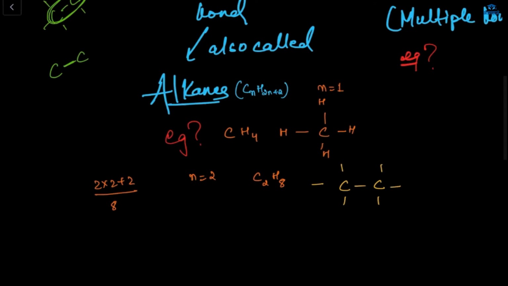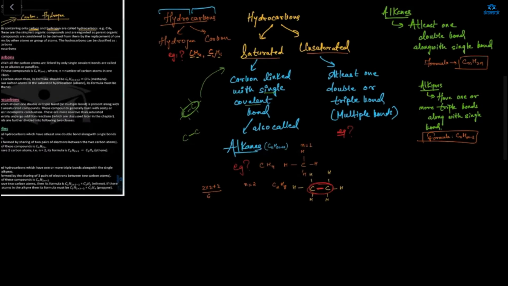Sorry, it will be 6 over here, so it will be 1, 2, 3, 4, 5 and 6. Here, all the carbon atoms are forming single bonds. So this is a saturated hydrocarbon, which consists of single bonds.